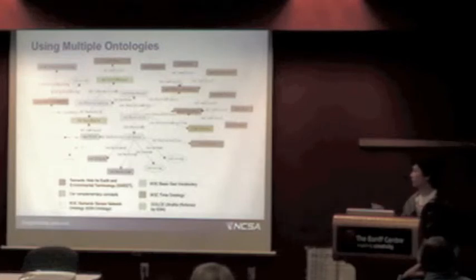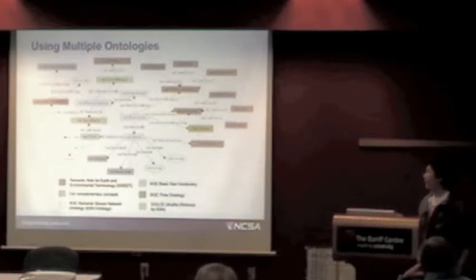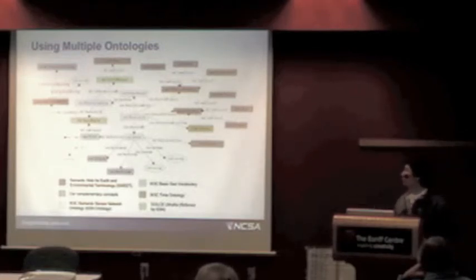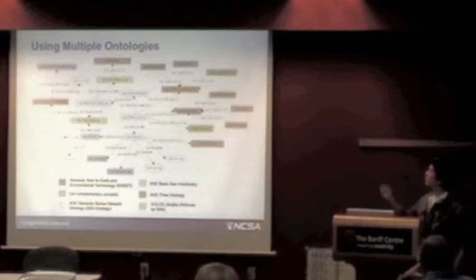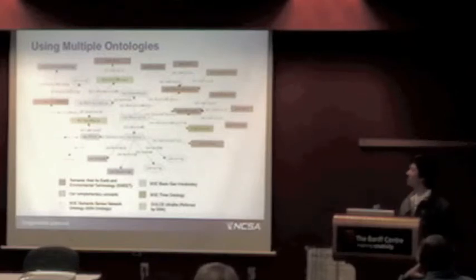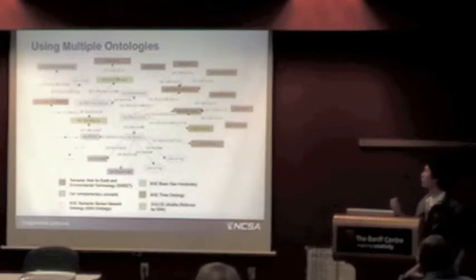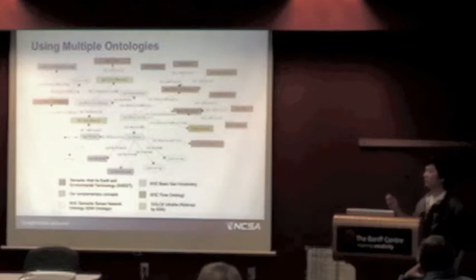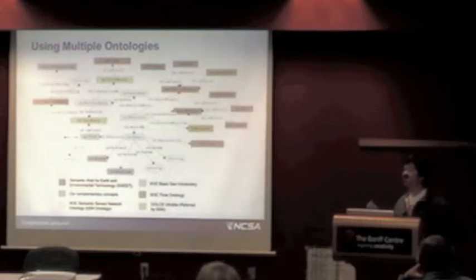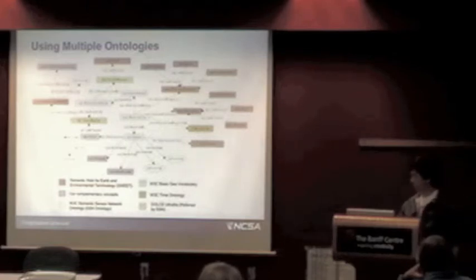We also use the W3C Geo ontology and Tag ontology. We use the OGC GeoSPARQL, which is not listed here. This picture shows just a small portion of the concepts. The reason we want to show it here is to show that we need to integrate those ontologies so that we can use the semantics from multiple ontologies to describe a single thing.